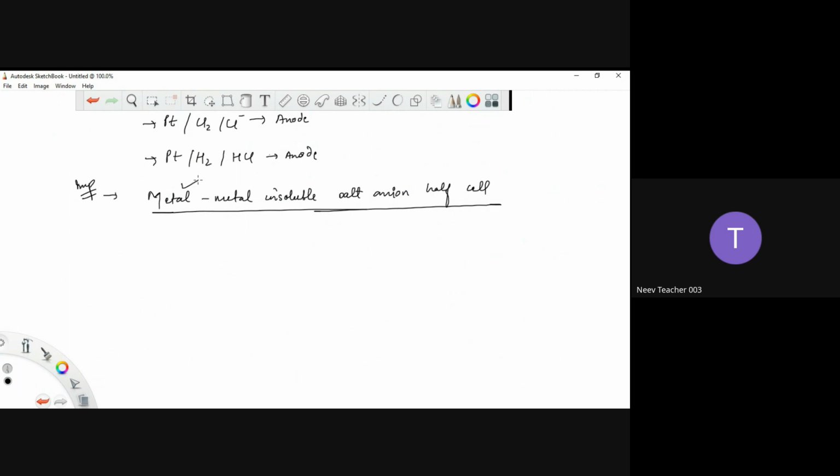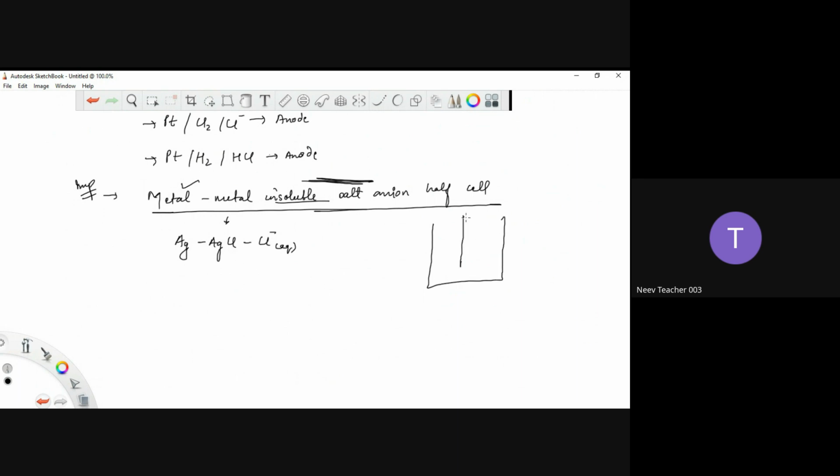You need to have a metal, then a metal insoluble salt, and the anion. That will form the electrode. If I am taking silver as a metal, then I need to take an insoluble salt of silver, and that will be AgCl. And whatever the anion of this salt is, that anion should also be present. The anion of this salt is Cl minus, so Cl minus should also be present in the solution. So how are you going to make the half cell electrode?